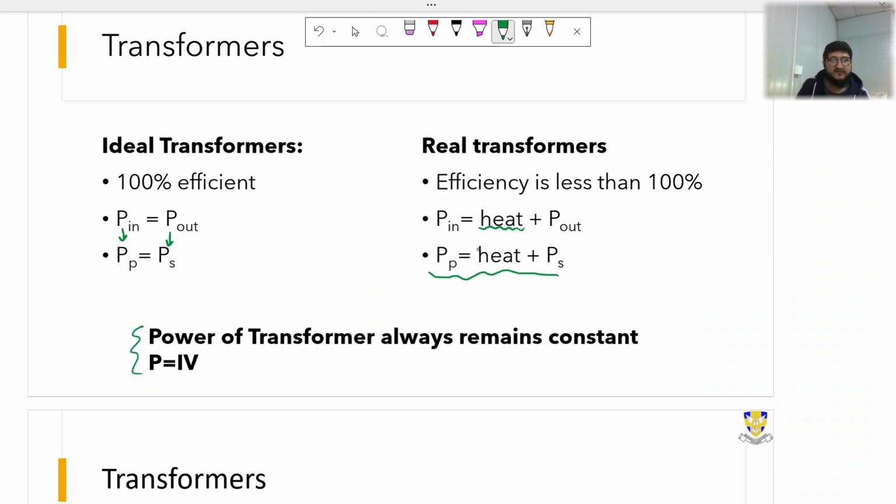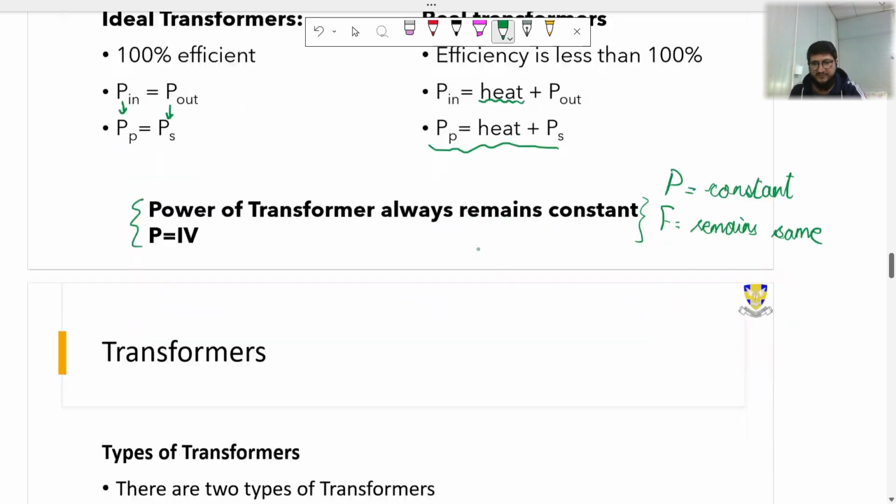Just remember this whenever you get any question related to the transformer. आपने दो चीजें याद रखनी, that your power always remains constant. Second thing, frequency remains same. Frequency will never change. ये दो चीजें आपने हमेशा याद रखनी.